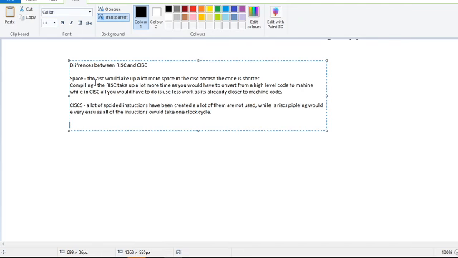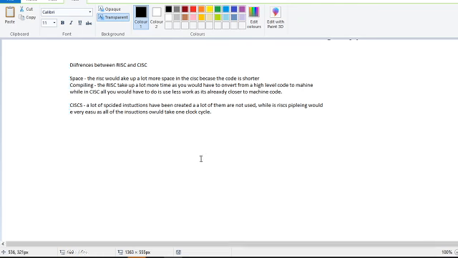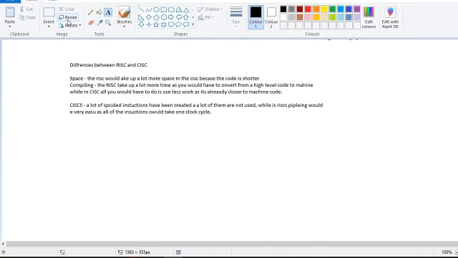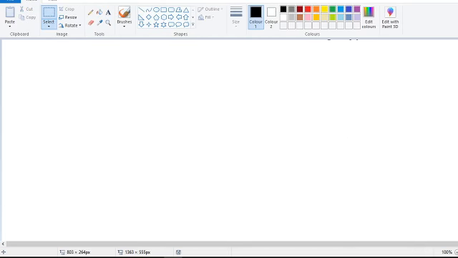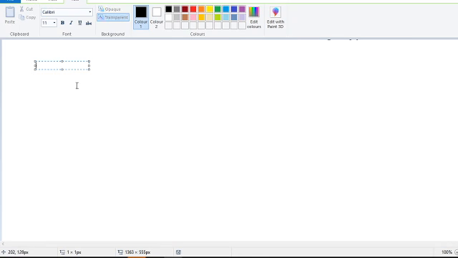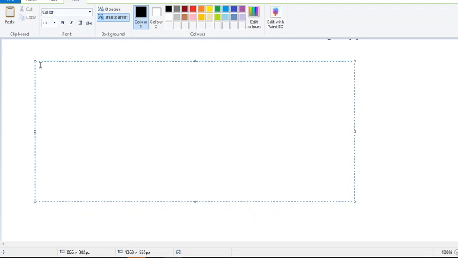So, high-level and low-level code: the basic differences are that high-level code is something that humans can understand, whereas low-level code is something which is very close to machine code, so something only a machine will be able to understand and not your average human.